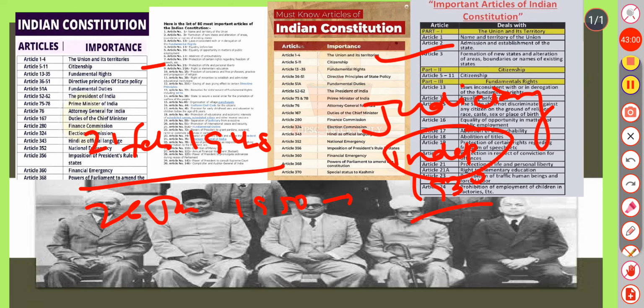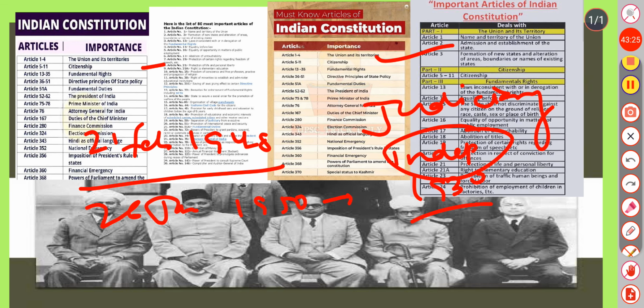Article 12 is the definition of fundamental rights, and article 13 deals with laws inconsistent with or in derogation of the fundamental rights. Now right to equality.